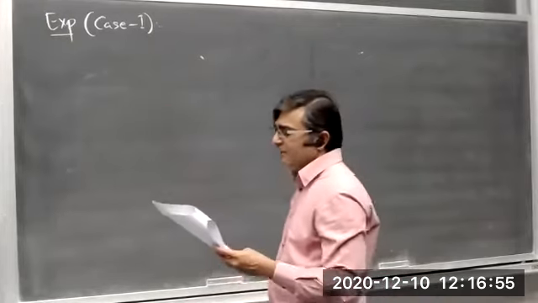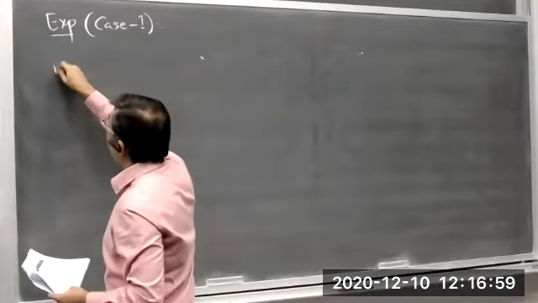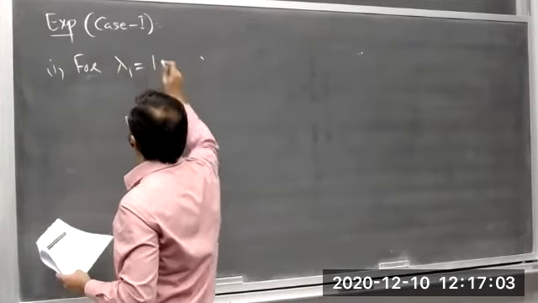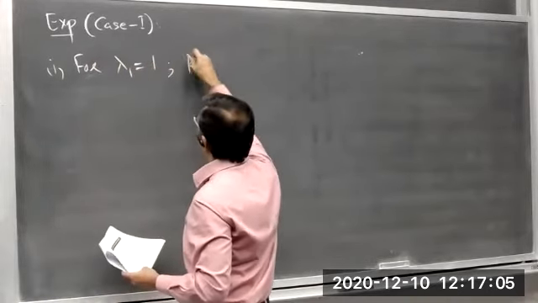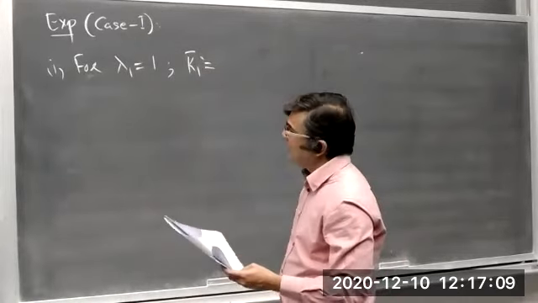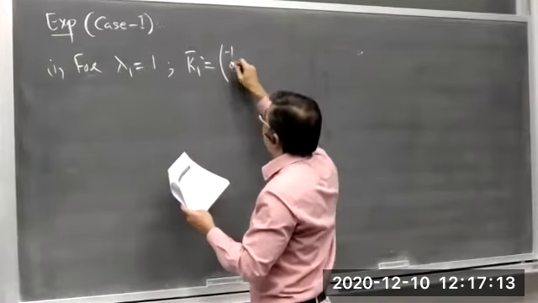We consider the same example. In that case, for lambda 1 equal to 1, we obtain K1, and I hope you know how to find these eigenvectors. K1 is -1, 0, 1.